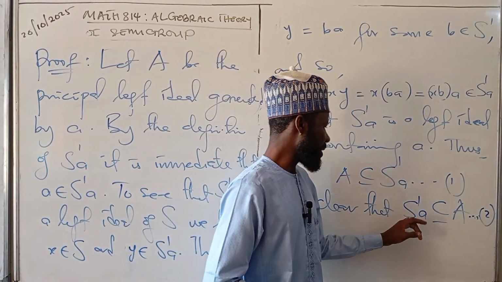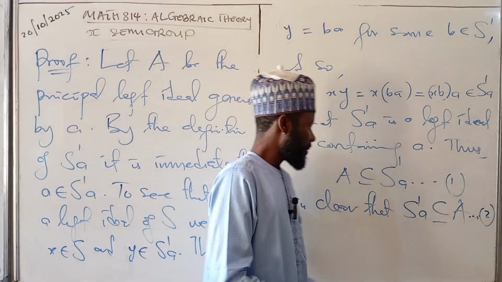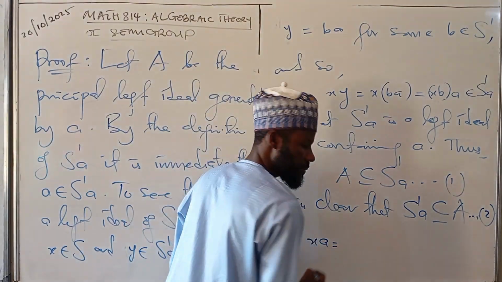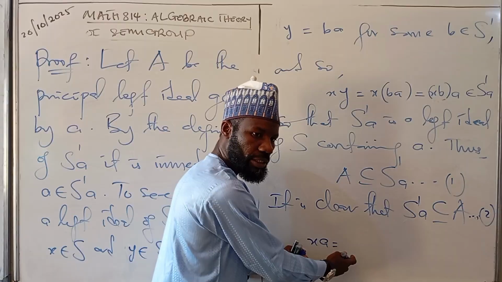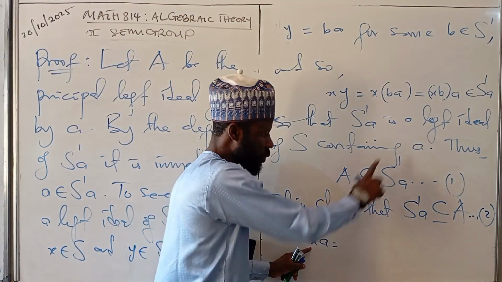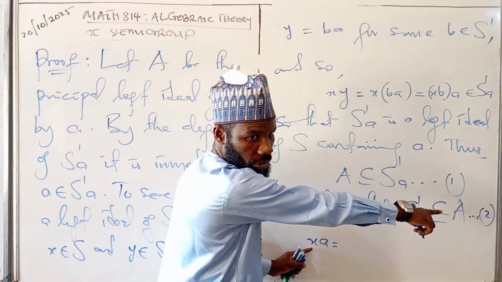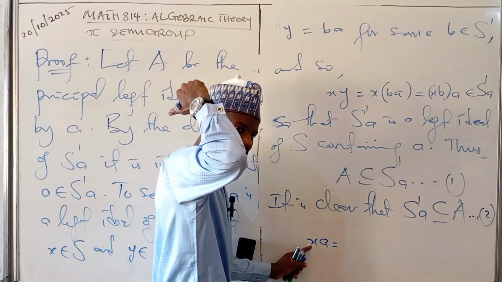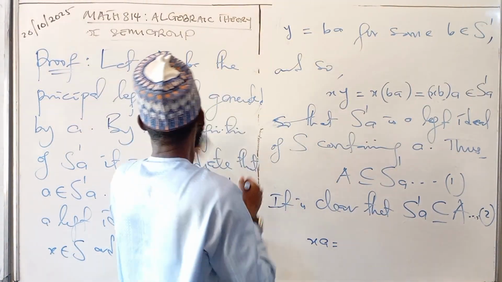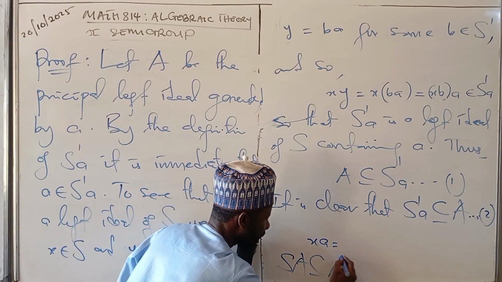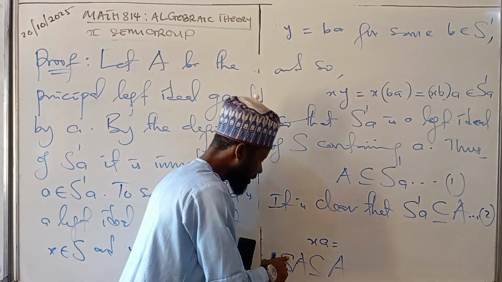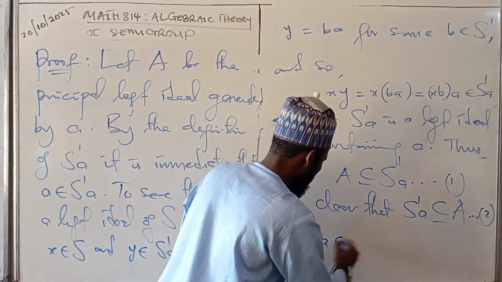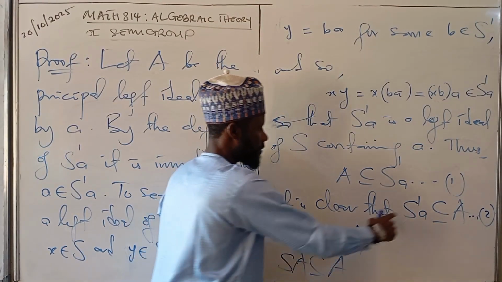Why is it clear? Because if you take any element x from S1 and multiply it with A, the result is either, if x is 1, equal to A, which is an element of capital A. And if x is not 1, this x must be in S, and capital A satisfies SA is contained in A. So you have an element of S and an element of capital A, and this must also be inside A. So this product is always in capital A whenever x comes from S1.